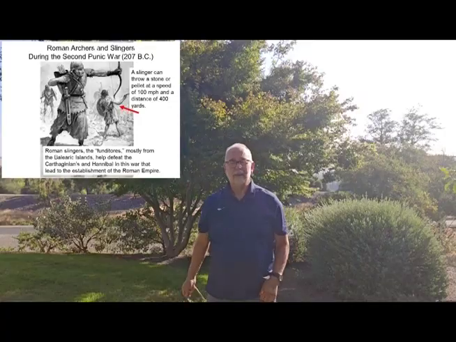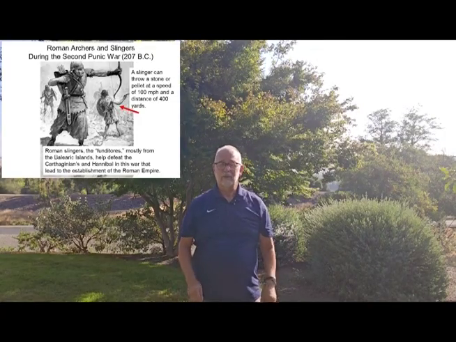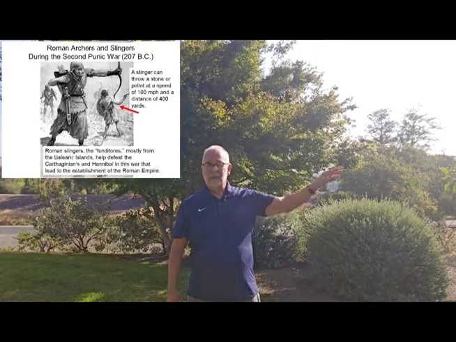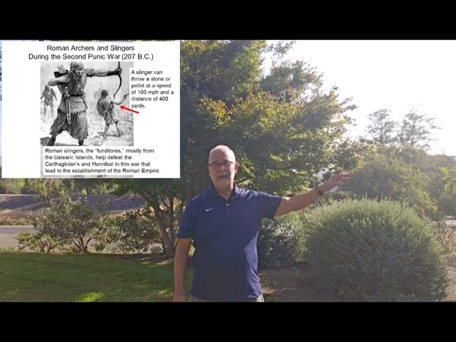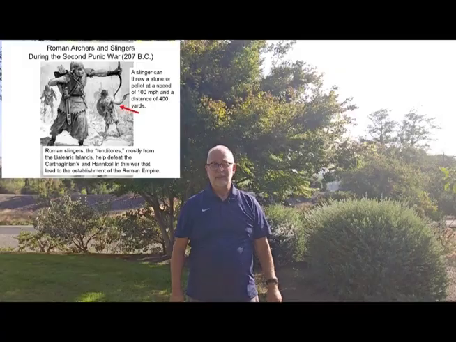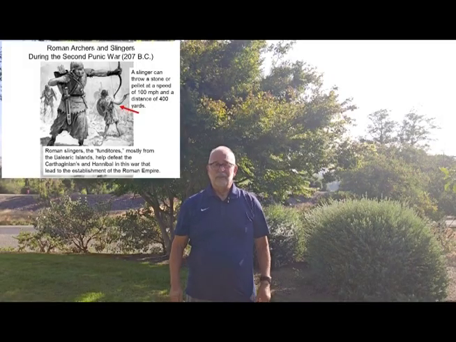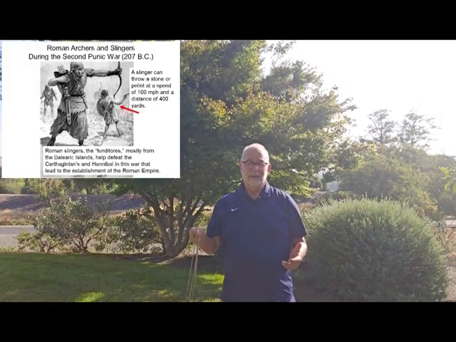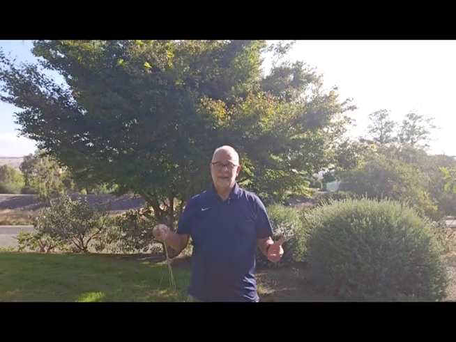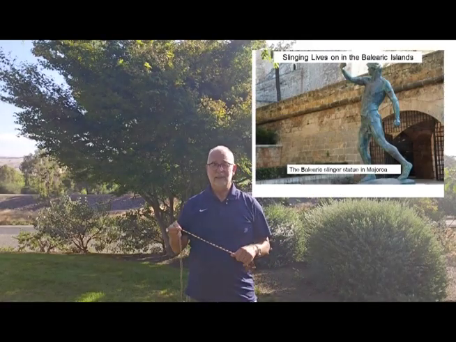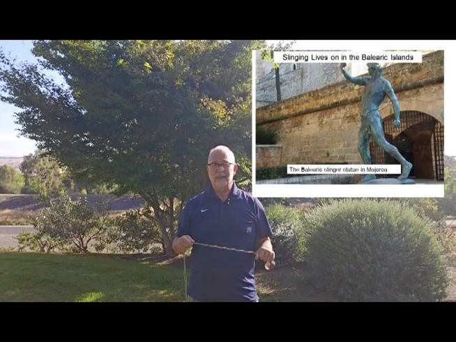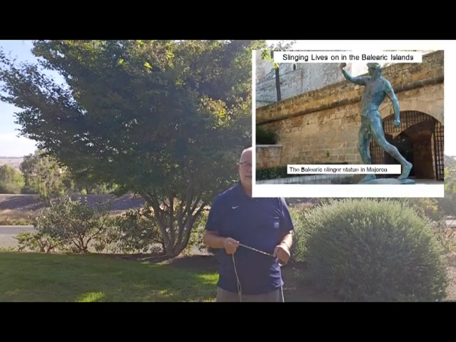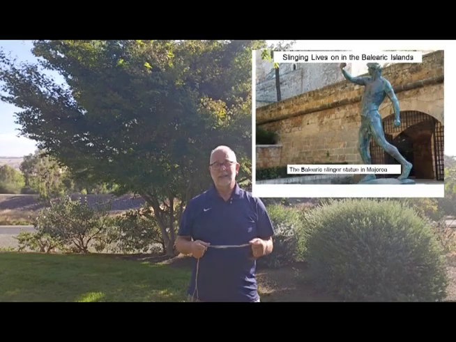Rotational movement converted to a linear throw. And you can throw that pebble or rock or projectile 400 yards, so you can strike the enemy at a far distance. This is what made the Balearic slinger so famous, and you can see the statue in the background here of one of their famous ancient slingers. But the tradition of slinging doesn't stop in ancient times.